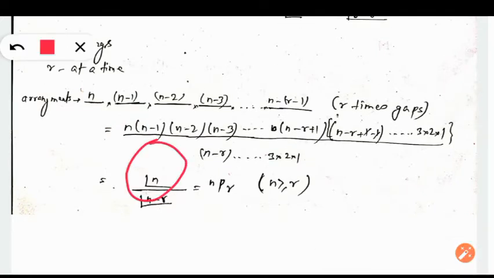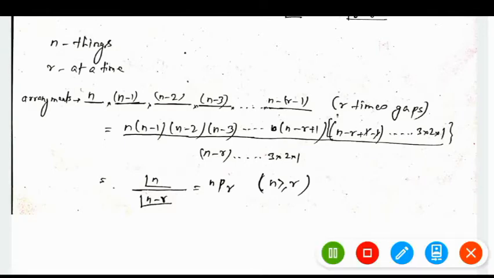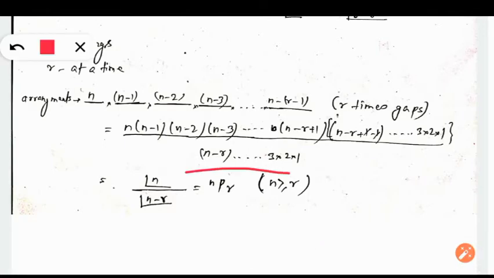So in the numerator we have n factorial, and in the denominator we have n minus r, dot dot dot, till 3, 2, 1. So it is n minus r factorial, and this whole thing is denoted by nPr, and that is the formula of nPr. Hope with the help of two examples we have understood how to arrange n things in r places, or what will be the number of arrangements of n things taking r at a time.